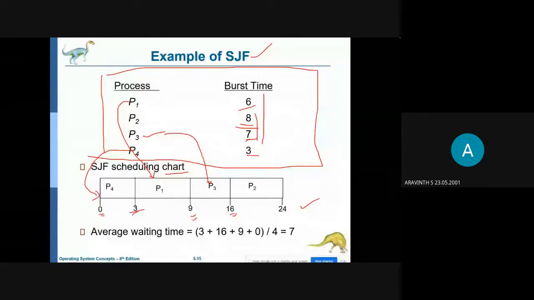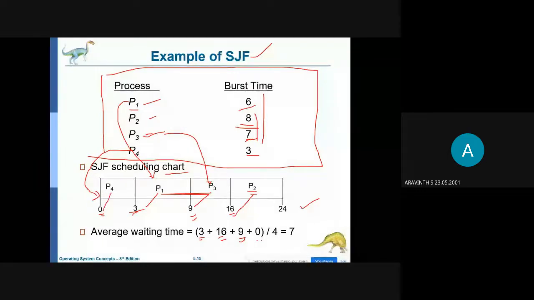Now we need to find the average waiting time. Writing in process order, the waiting time for P1 is 3, for P2 is 16, for P3 is 9, and for P4 is 0.